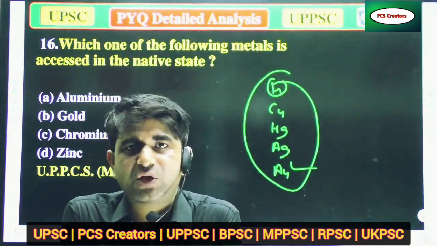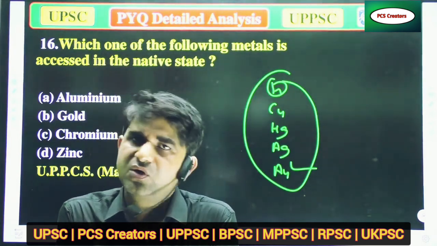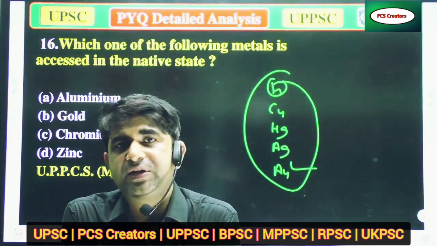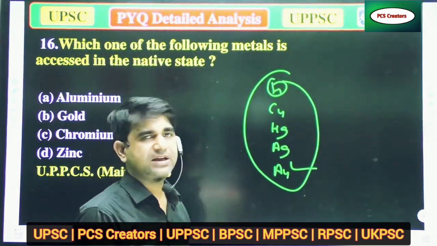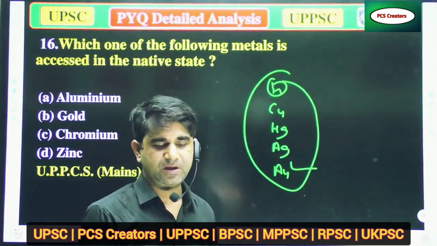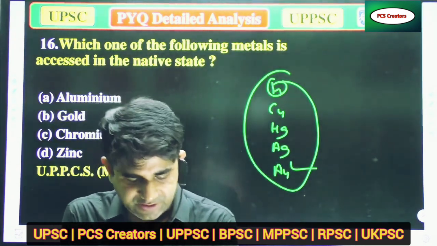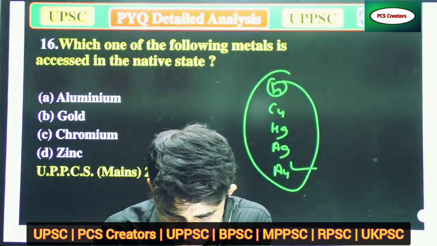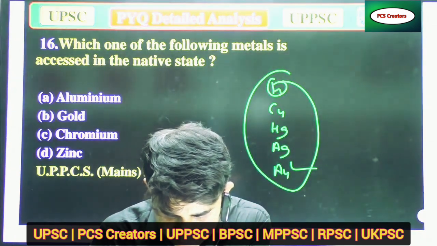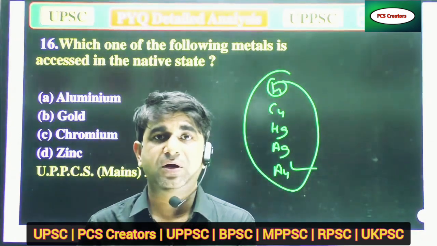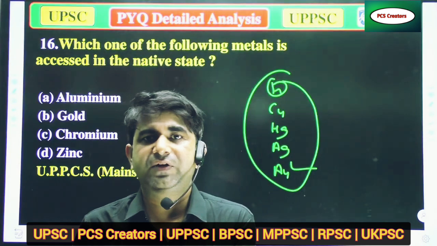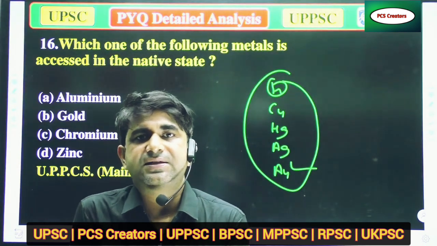Gold is kept in the lowest place in the reactive series of elements. So we can say that it is the least reactive element, and we can understand properly that the least reactive element will be found in the native state.